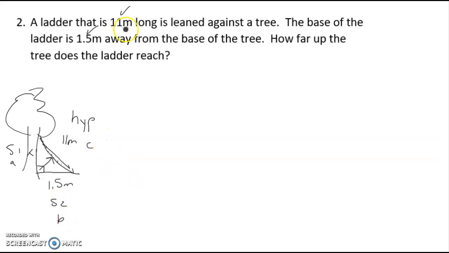So we're going to set up our Pythagorean theorem. You can have C squared equals A squared plus B squared, or you can have hypotenuse squared equals side 1 squared plus side 2 squared. Because we are given the hypotenuse, we are looking for side A. We can actually rearrange this equation.